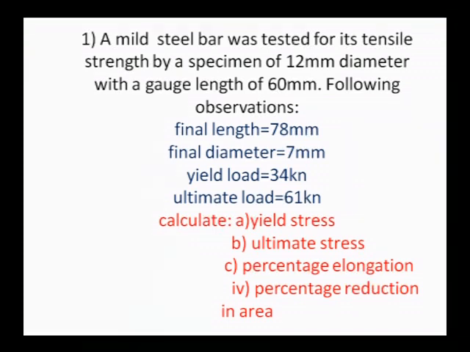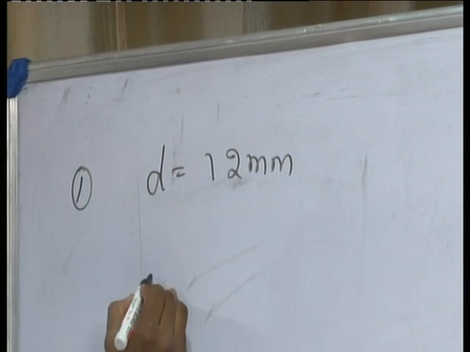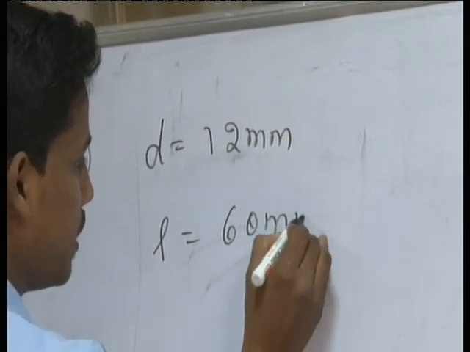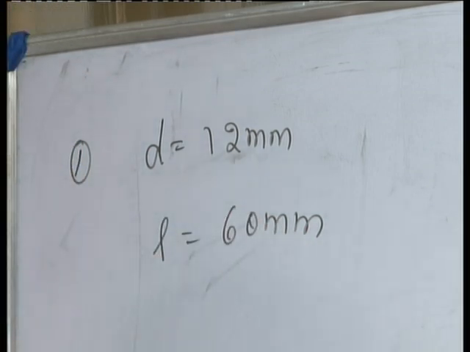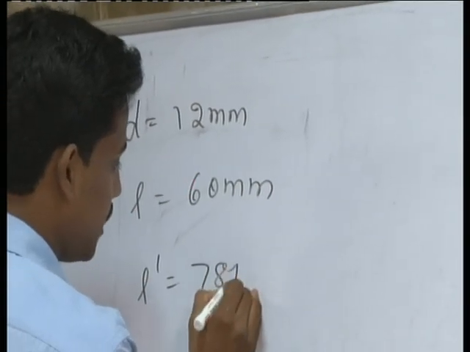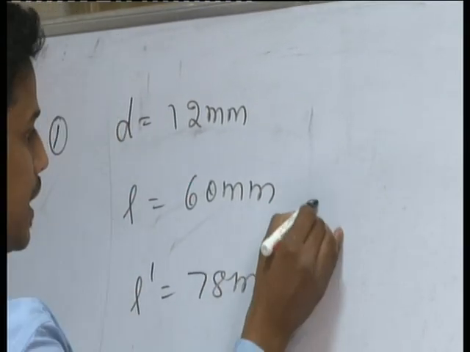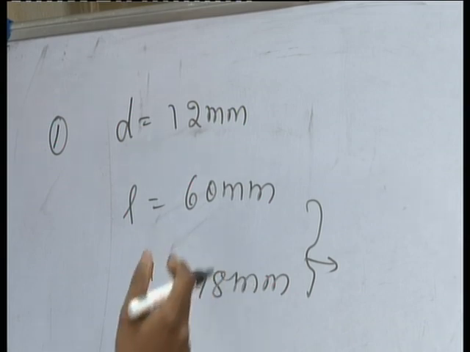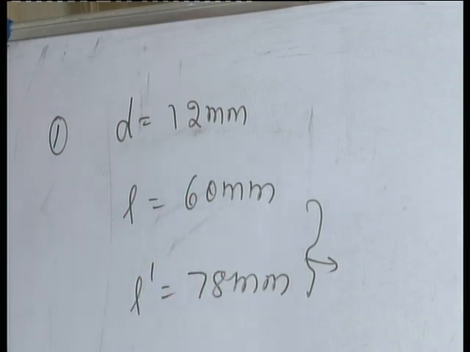The gauge length is given as 60 mm, and the final length, L dash, is 78 mm. That means the length is increasing. By observing these values, we can conclude that it is a tensile test.